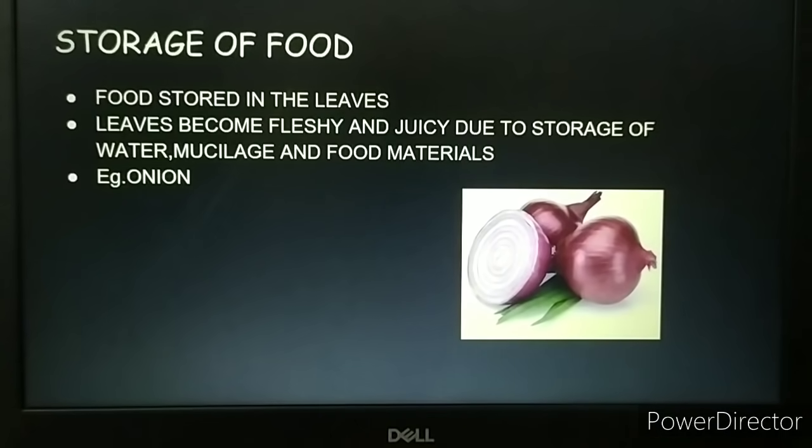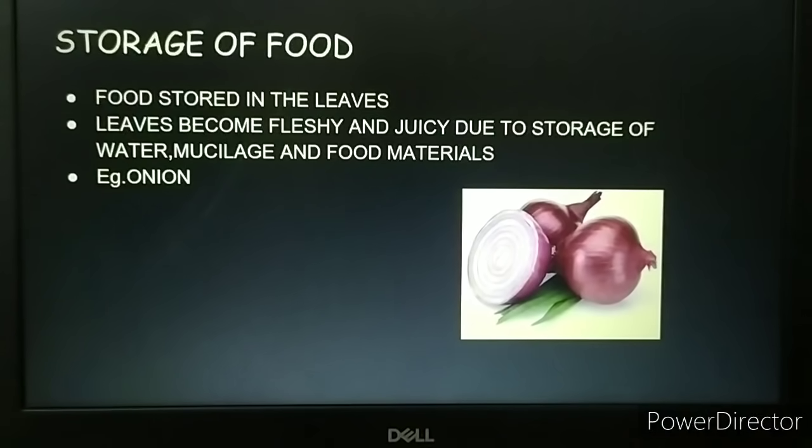A very common example, as you can see here in the module, in the picture, is onion. In onion, food is stored in the leaves. As you can see, the scale leaves are visible in the cut piece of onion. These are the scale leaves where food is stored.